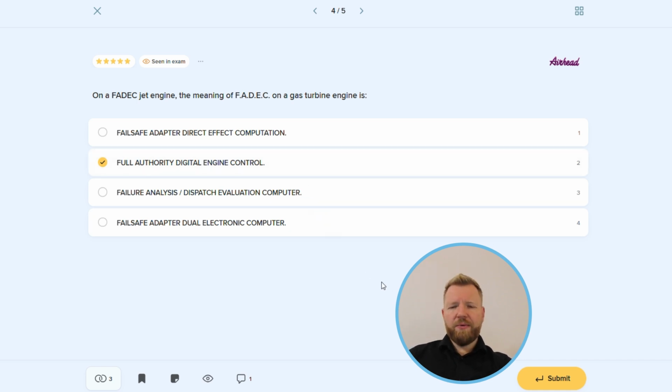It is also important to remember that in a FADEC system, each EEC channel has its own source of electrical power from outside of the aircraft electrical system. So answer number 2 is correct.